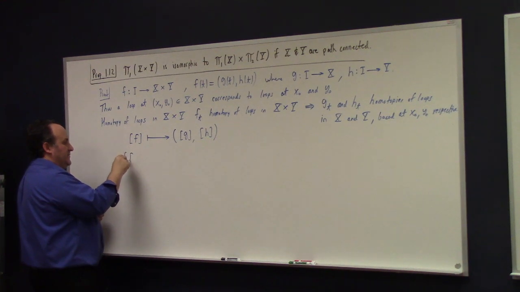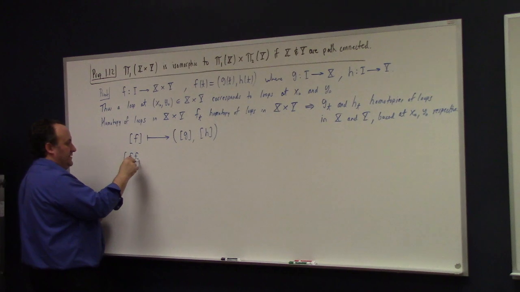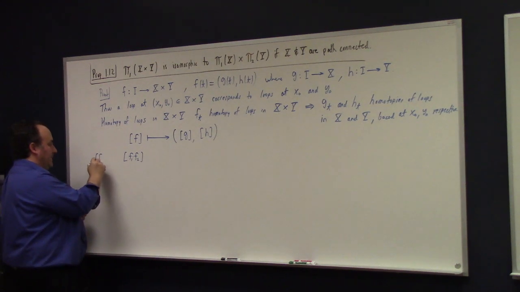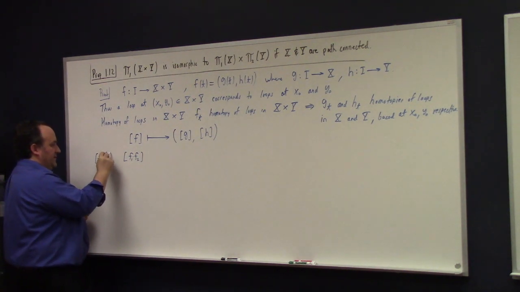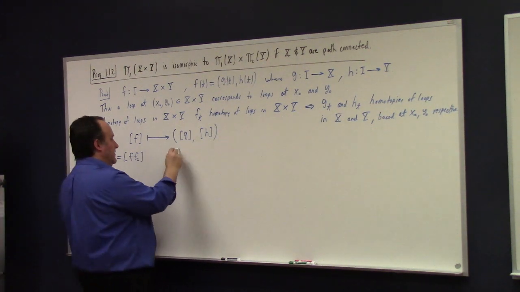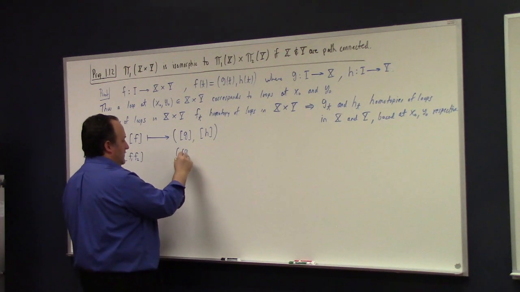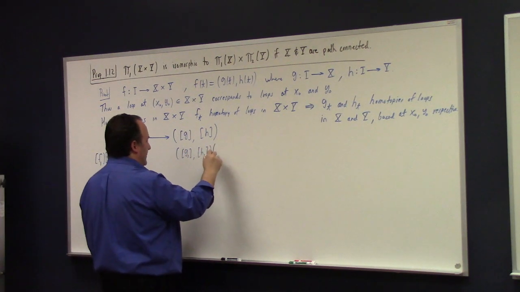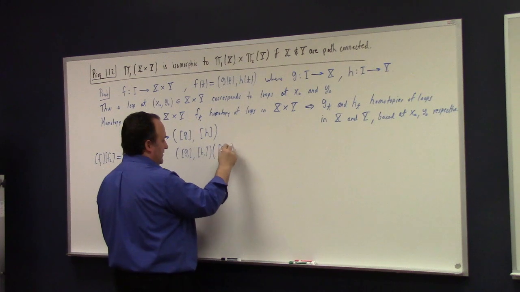If we had two loops, F1 and F2, and we were joining them, then F1, F2 in the Cartesian product would be this. But over here, if you have G1, H1 and you multiply it by G2, H2, how does that go?